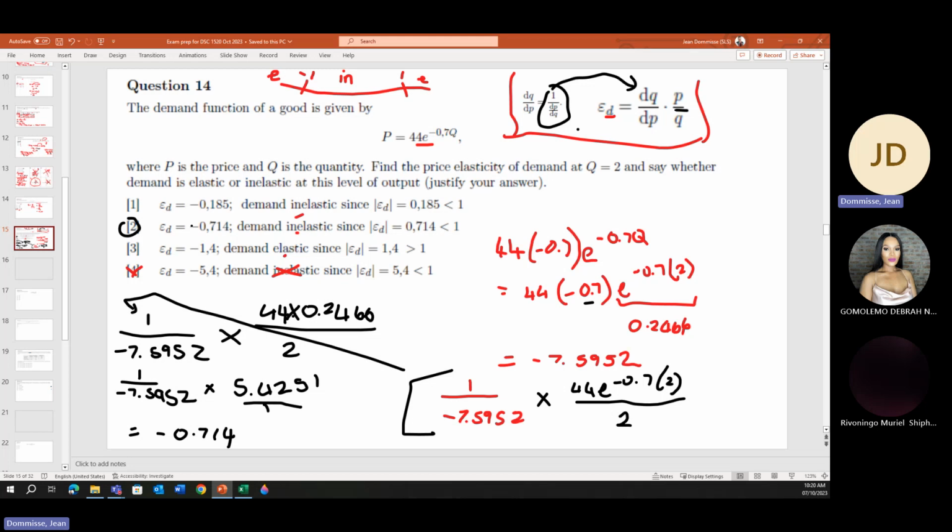And they love to ask about e or an ln function in these non-linear functions, because it tests if you can do your differentiation, because you needed to differentiate the function.